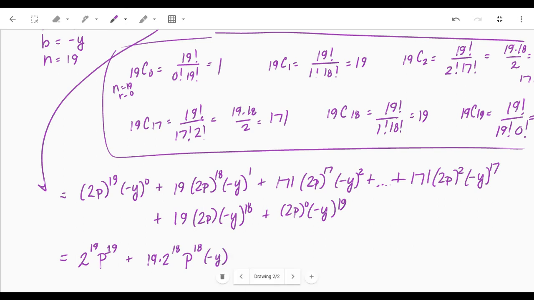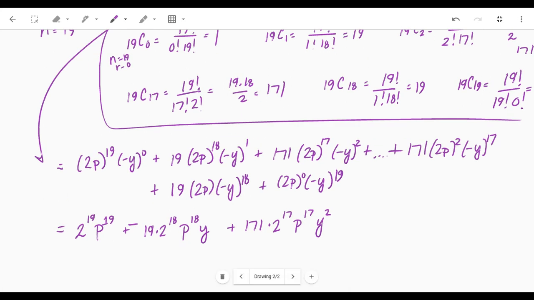And I can even take that negative out, rather than doing times negative y, do a negative up front. So then the next one, I'd have 171 times 2^17, p^17, y squared, because negative y times negative y is just going to be positive.